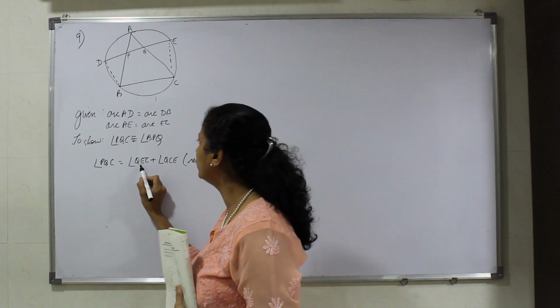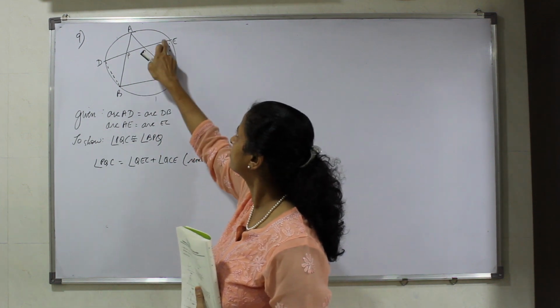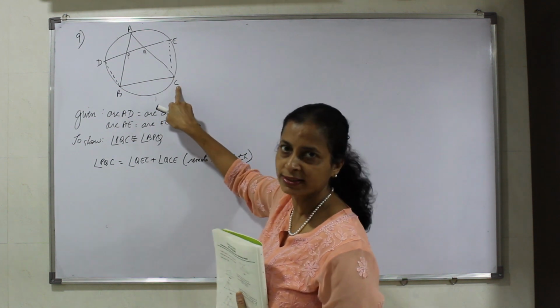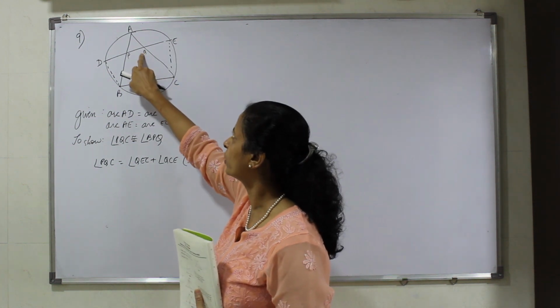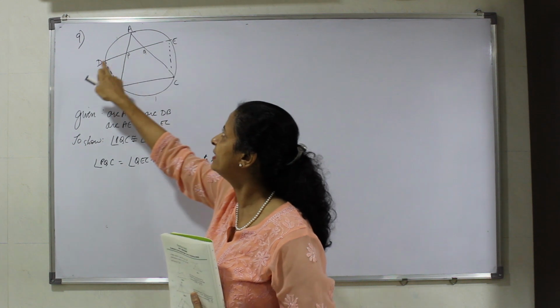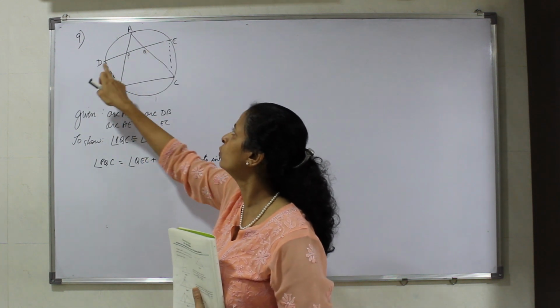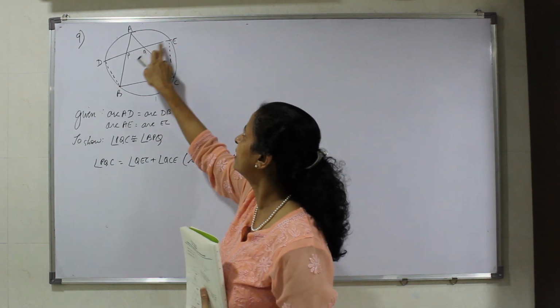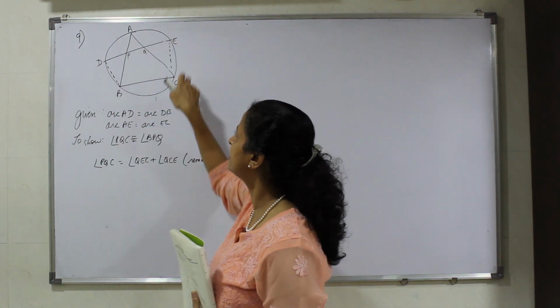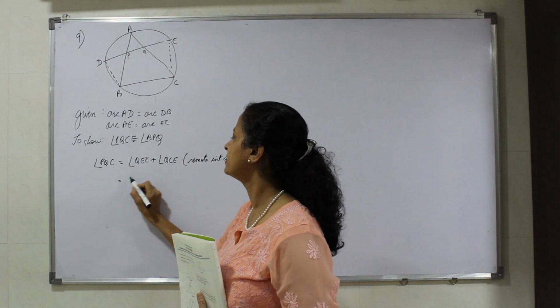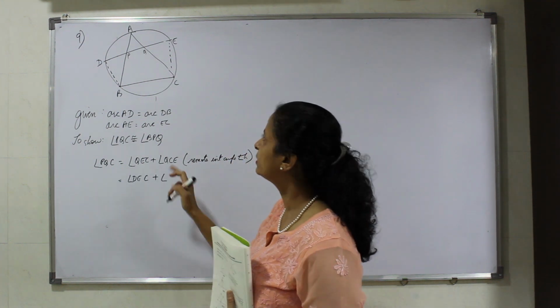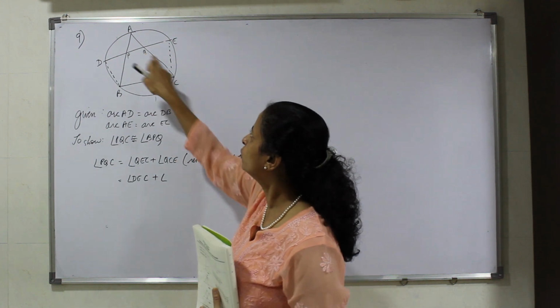Now, if you look at the angle QEC, I have the letters E and C on the circle, but the letter Q is not. And so I need to extend the ray EQ to the point D. That is rewriting the QEC as DEC. So I rewrite it as DEC plus. Can you see the QCE?